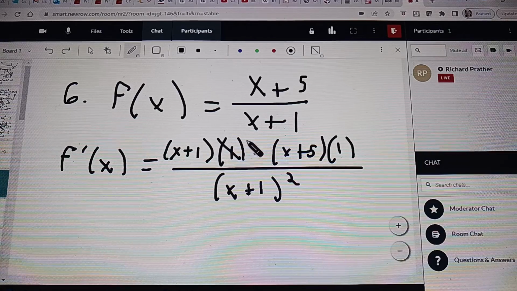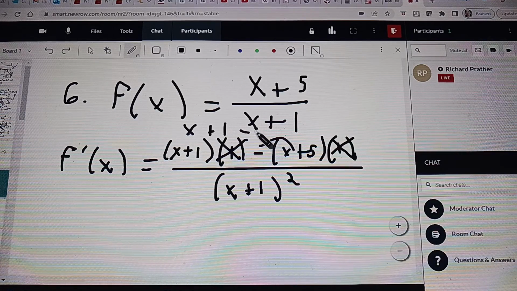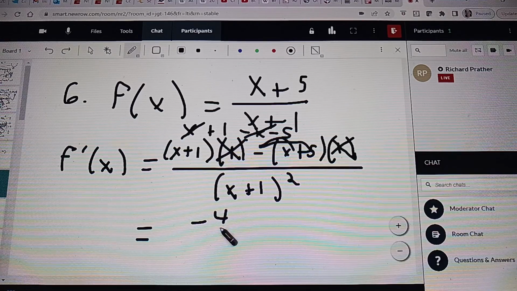And these times ones won't matter since there's other stuff there. So the numerator is x plus 1 minus x minus 5. The x's cancel. 1 minus 5 is negative 4.